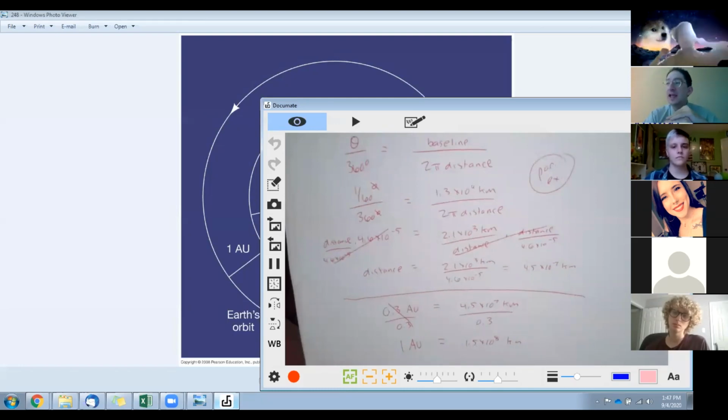And sometimes the problems you'll be given are stellar parallax, which means the baseline's not separate sides of Earth, but separate sides of Earth's orbit. Let me ask you, and this pertains to an upcoming homework question, what's the baseline in AU if you're doing stellar parallax?